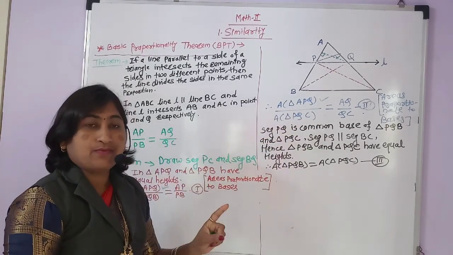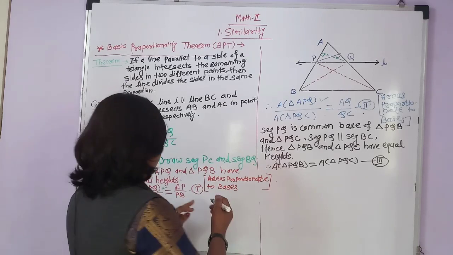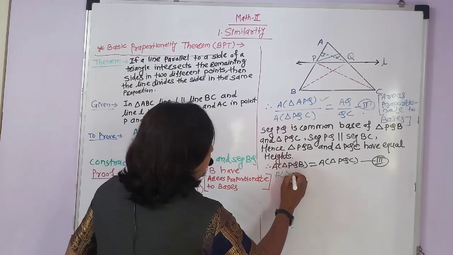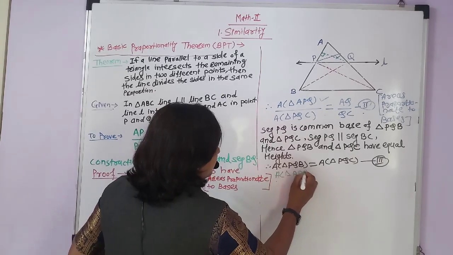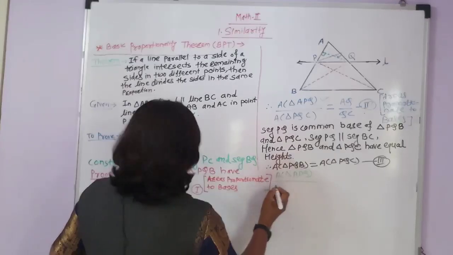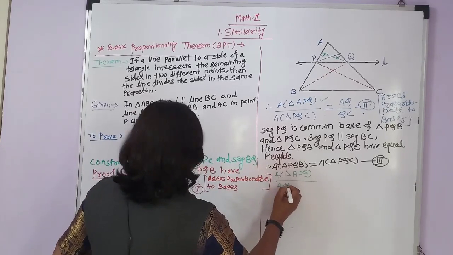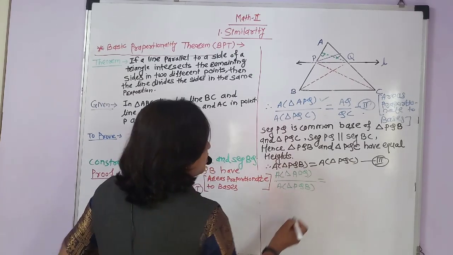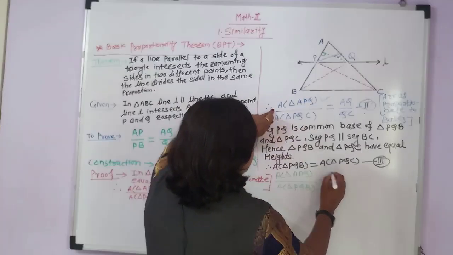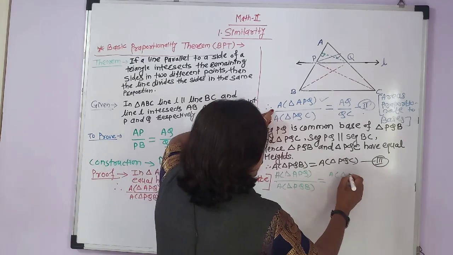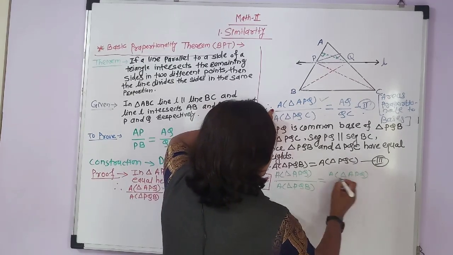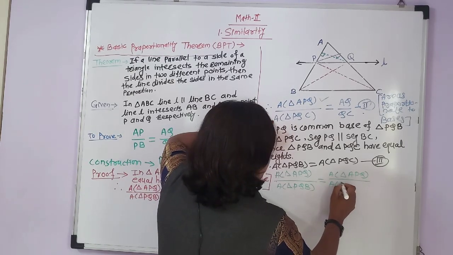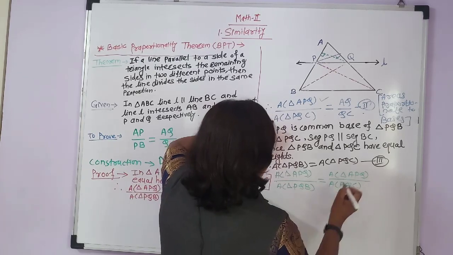So from equations 1, 2 and 3, we write: area of triangle APQ upon area of triangle PQB is equal to area of triangle APQ upon area of triangle PQC.